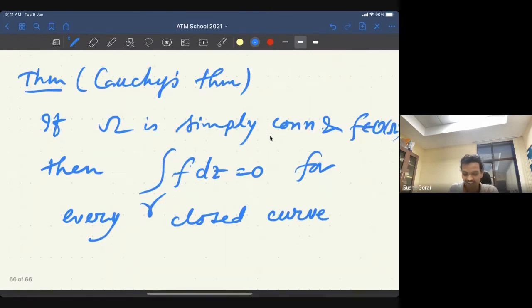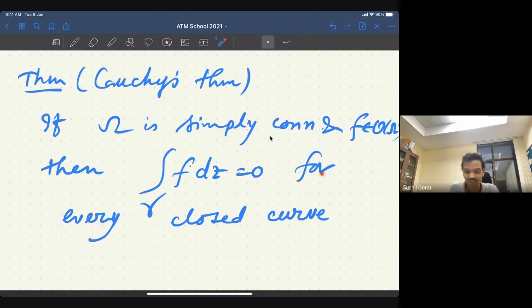And note here, this is actually an if and only if statement, right? We have shown this is true for rectangles implies that f has a primitive. In turn, f becomes holomorphic.